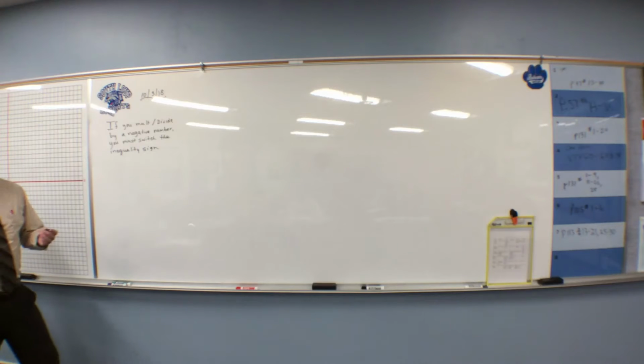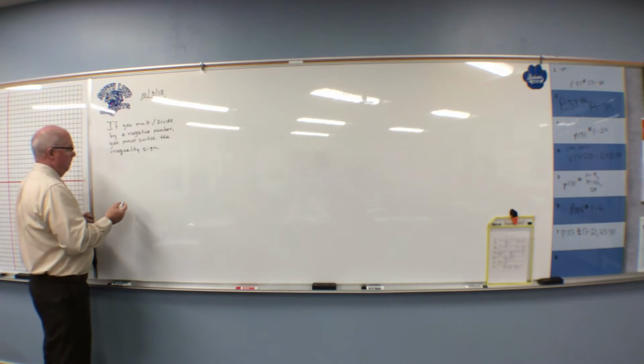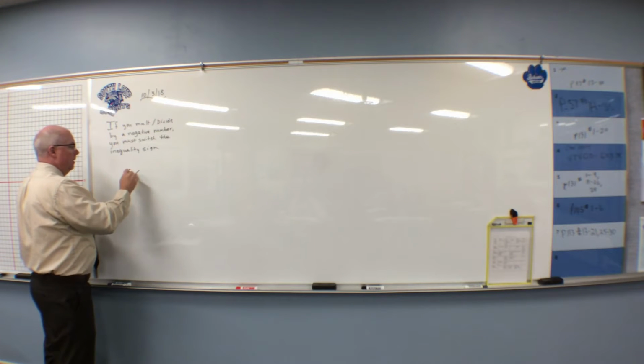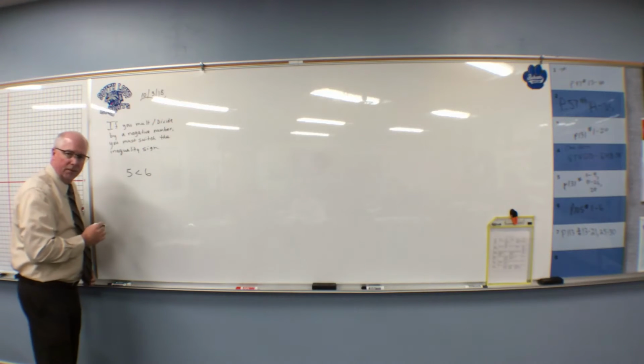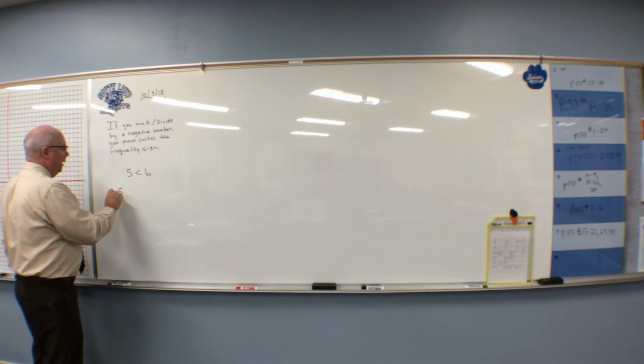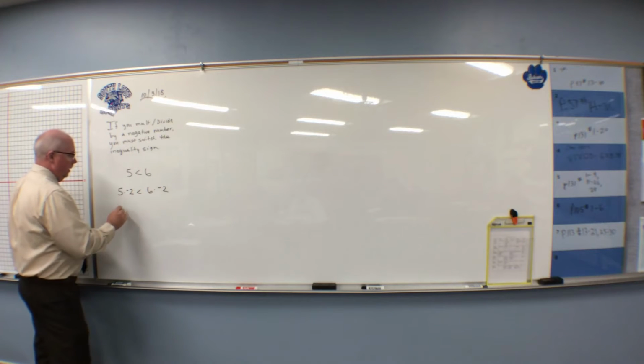Yeah, I'll give you an example. If you have 5 is less than 6, right, Trevor? Okay. So let's multiply by a negative because it's easier to multiply. Is this a true statement? Okay. So let's multiply both of them by -2.